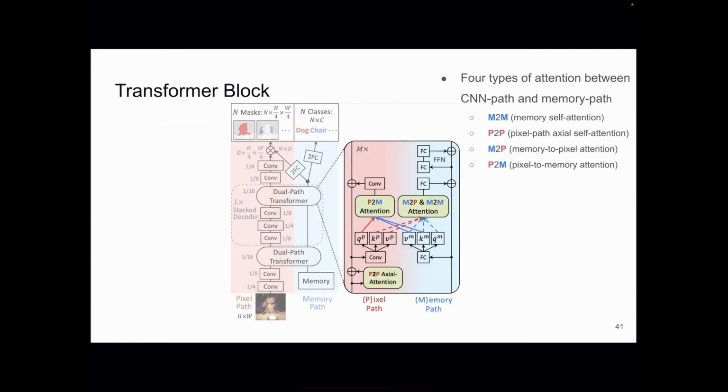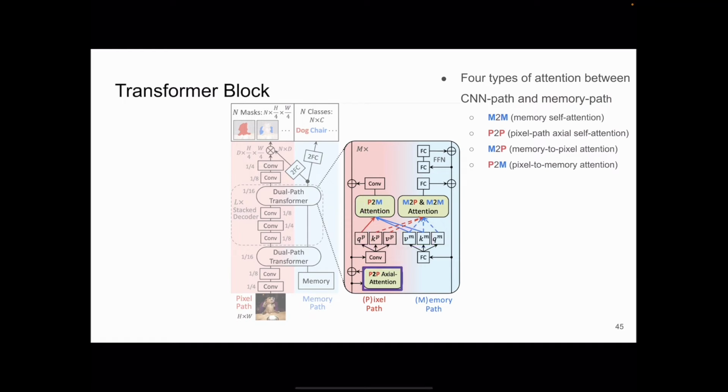Our transformer block enables all four possible types of communication between the 2D pixel path CNN and the 1D memory path. First, the traditional memory-to-pixel M2P attention. Second, the memory-to-memory M2M self-attention. Third, the pixel-to-memory P2M feedback attention that allows pixels to read from the memory.